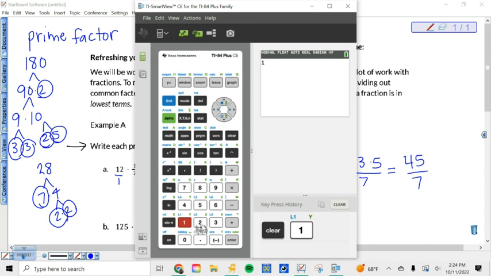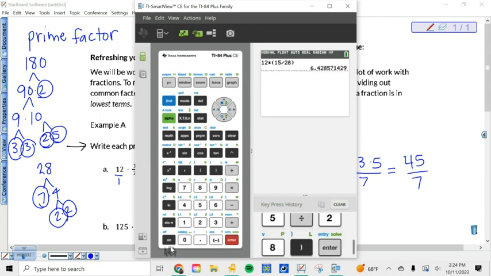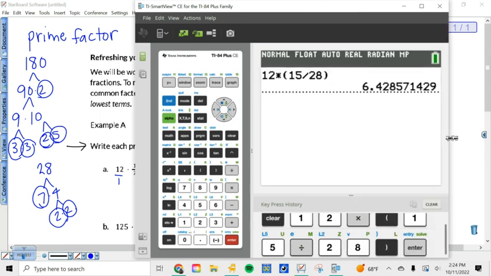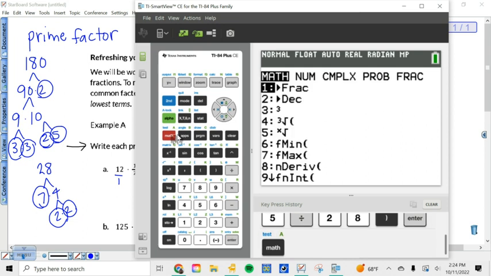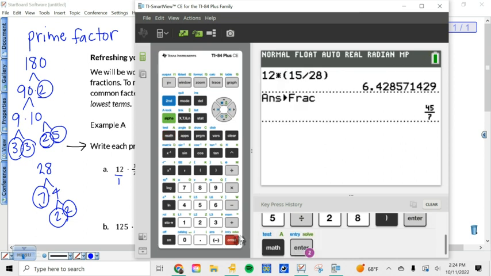So 12 times 15 over 28 gives me this. How do I change that decimal into a fraction on the calculator? Math, enter, enter. 45 over 7.